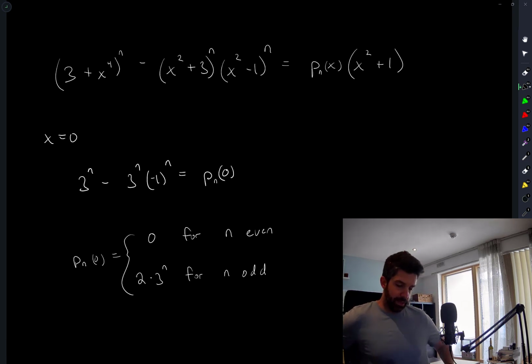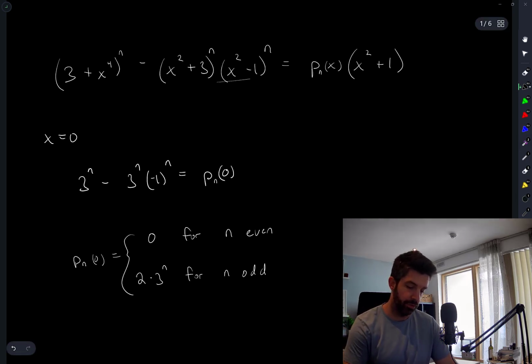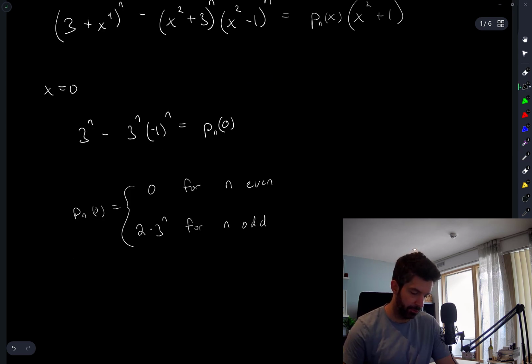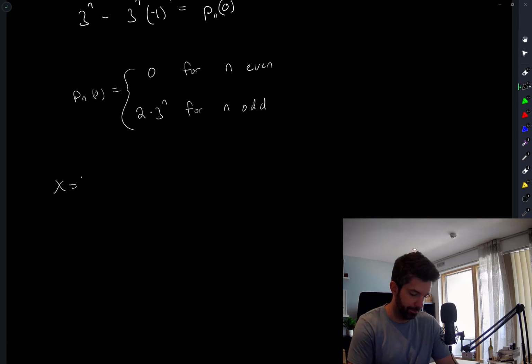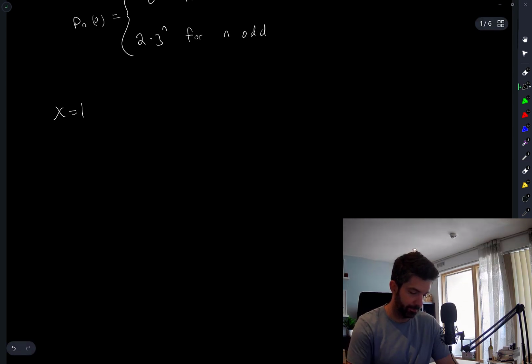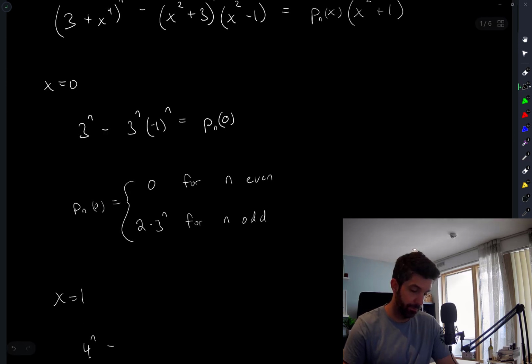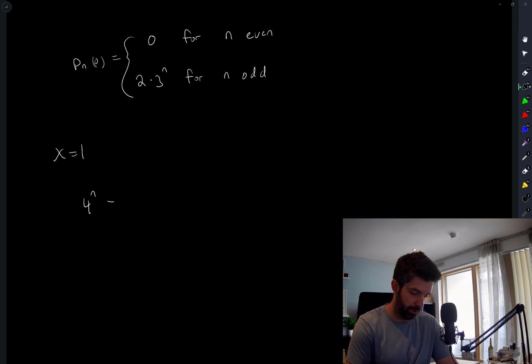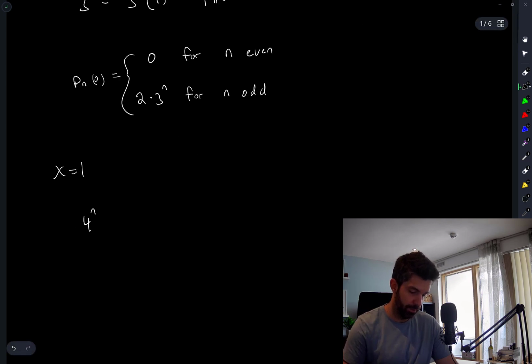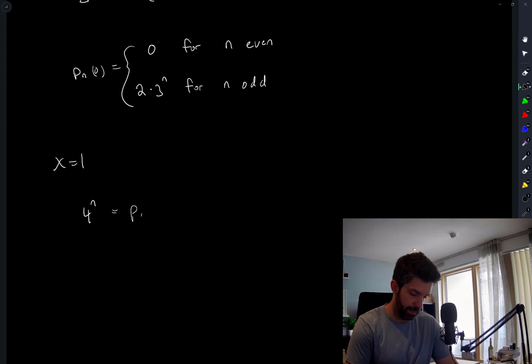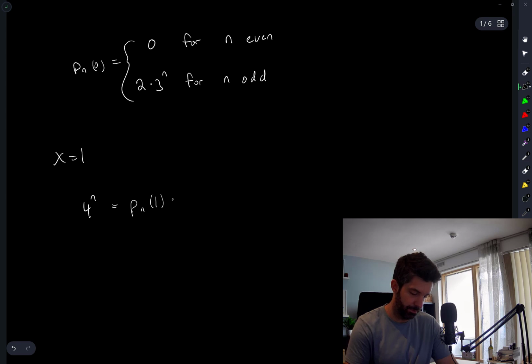Another good candidate to substitute is x equals 1, because I note that this term is going to be equal to 0 then. So let x equal 1. Then I have 4 to the n minus 0 is equal to p_n of 1 times 2.